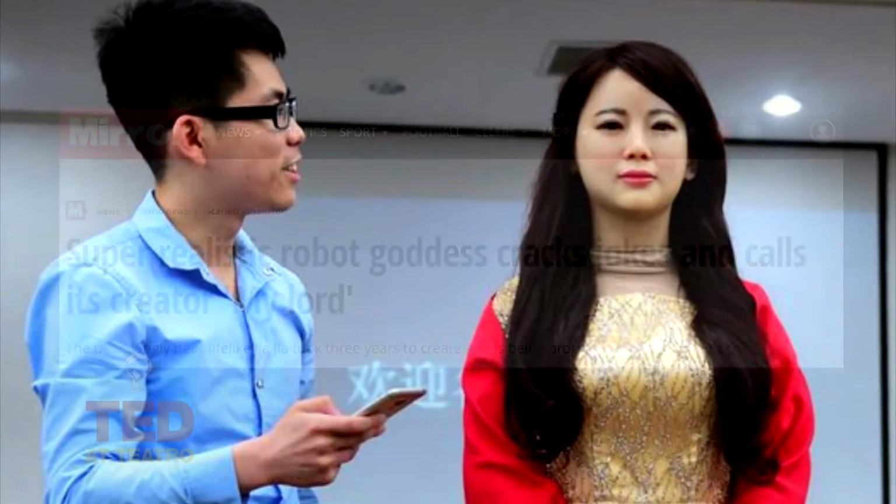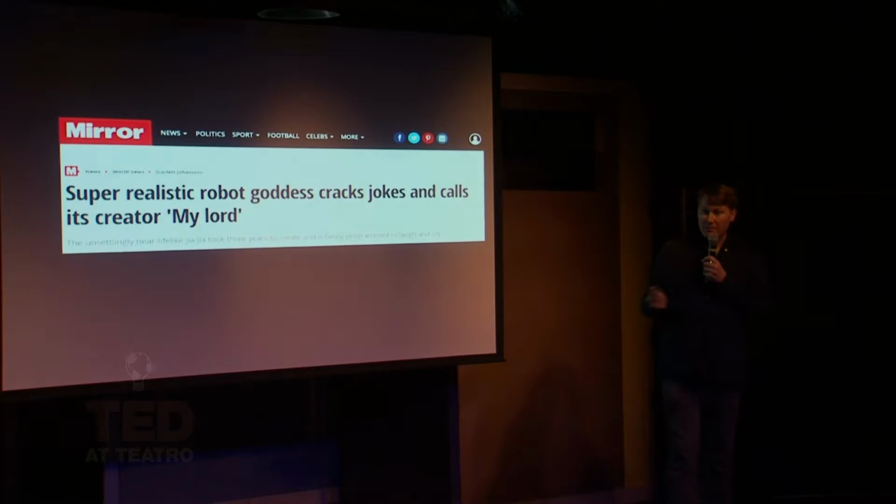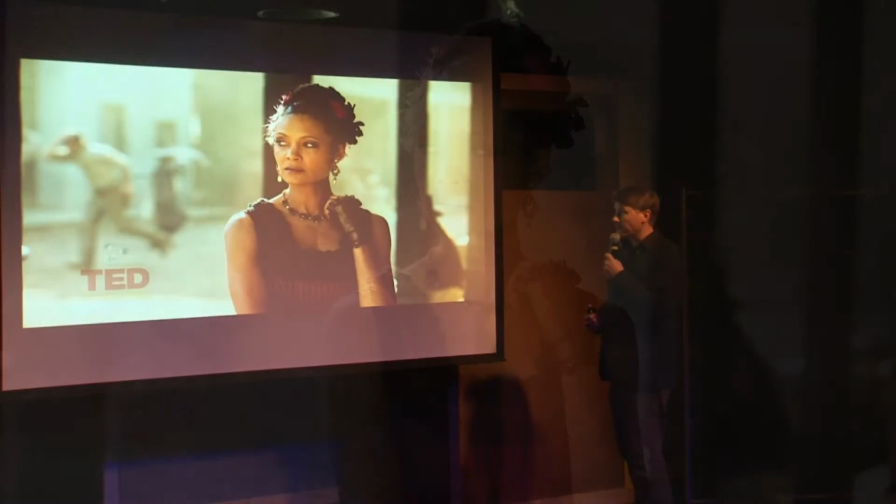I can't comment on the whys of why we're building some of this stuff, but I do read the headlines, and I see a super realistic robot goddess cracks jokes and calls its creator my lord, and this is very unsettling to me, but this is actually what is happening. We're building Amazon dash buttons and vending machines, of course, but we're also, as a human race, building some very unsettling machines.